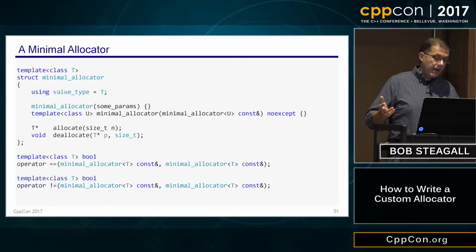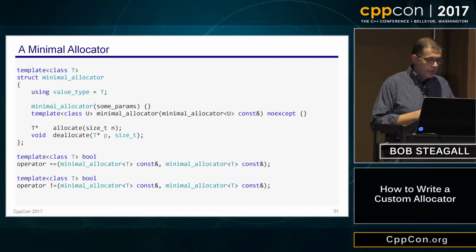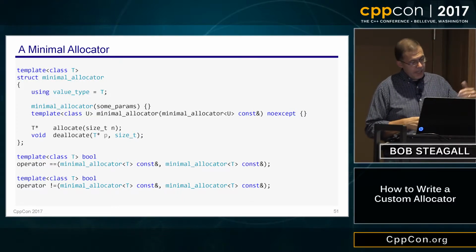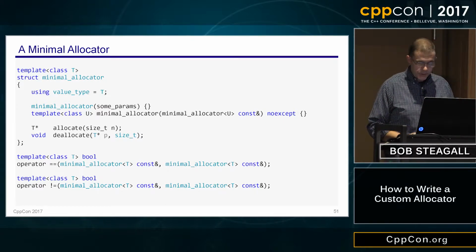You provide a constructor which may take some parameters. You have to have a converting constructor from allocators of a different type. You have to provide the allocate and deallocate member functions. And you also have to provide compares equal and compares not equal operators. Very straightforward, very simple to use.